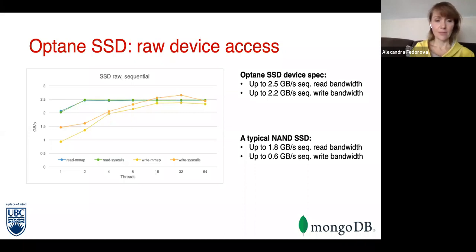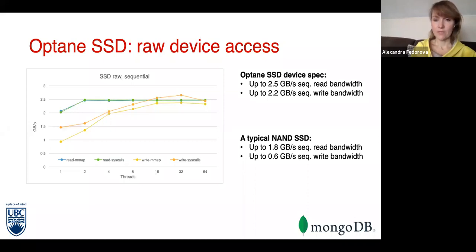The blue and green curves show the read performance, and yellow and orange show the write performance. We're using both system calls and mmap here, hence the two curves for each access pattern. But because we're bounded by the device bandwidth, there is no difference here between system calls or mmap.